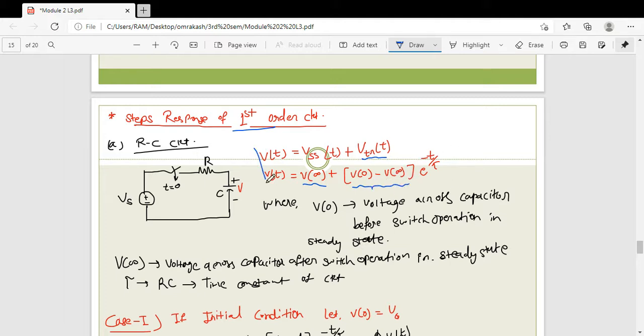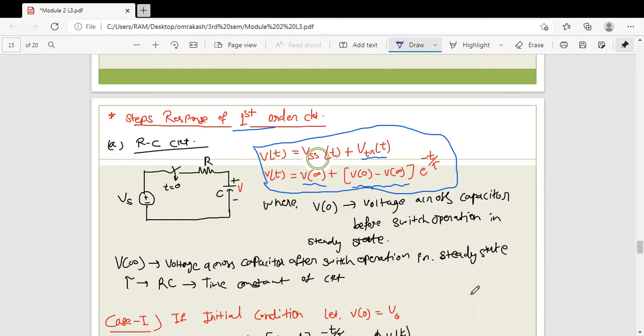So this is the basic equation for finding V of t for this RC circuit, the first order circuit with source, right, with source.